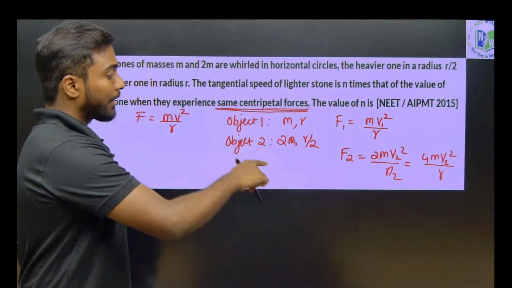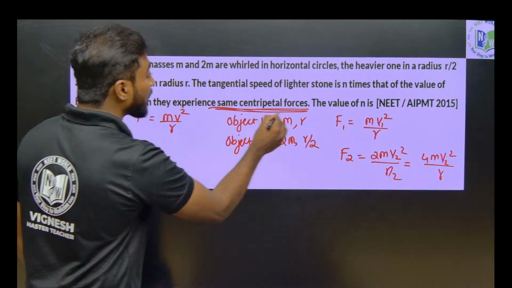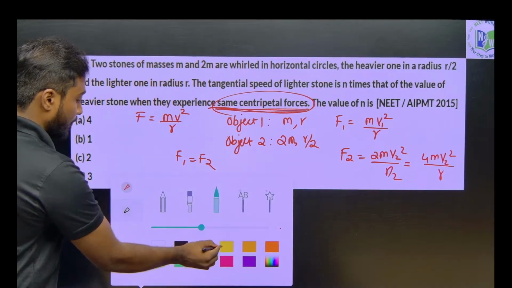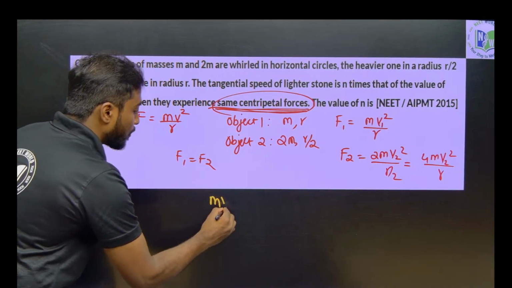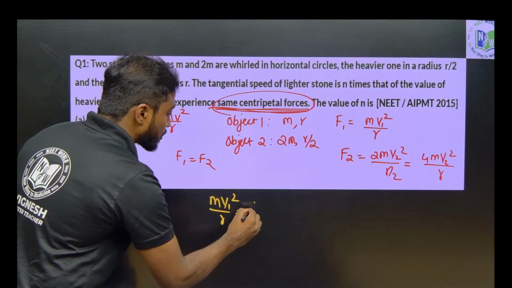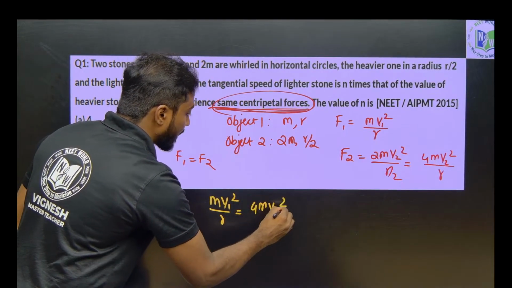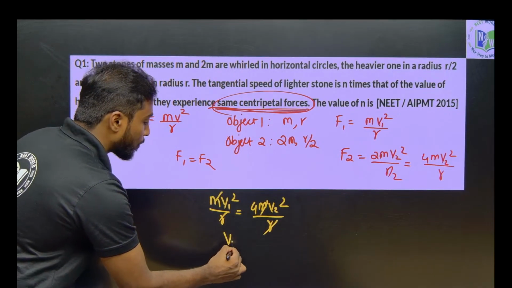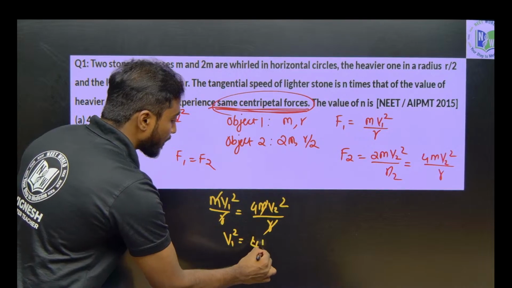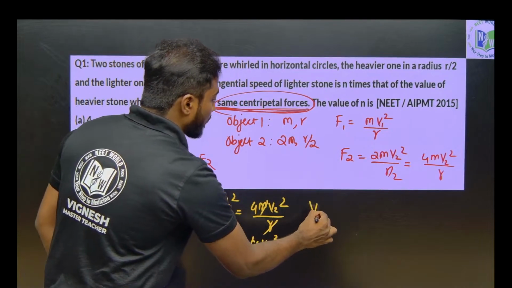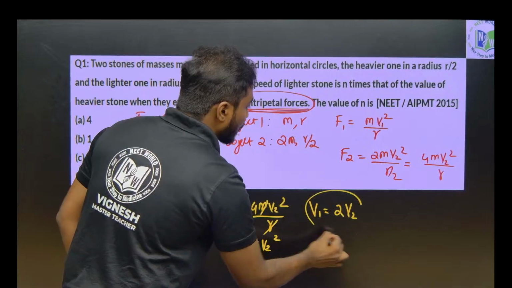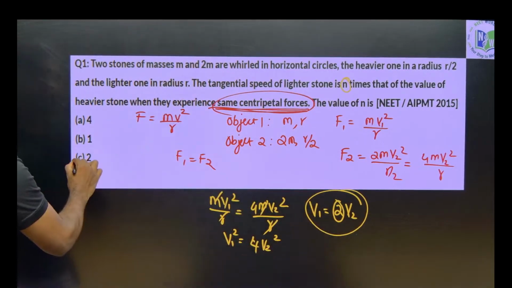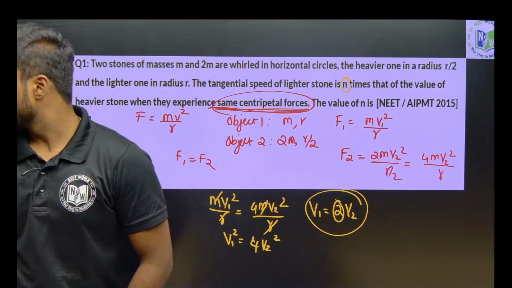They are saying the same centripetal force, so f1 is equal to f2, which means m v1 square by r should be equal to 4m v2 square by r, where m and r get cancelled out, so v1 square will be equal to 4v2 square, so v1 will be equal to 2v2. So what is the value of n? It is 2, the value of n is 2, that's the answer.